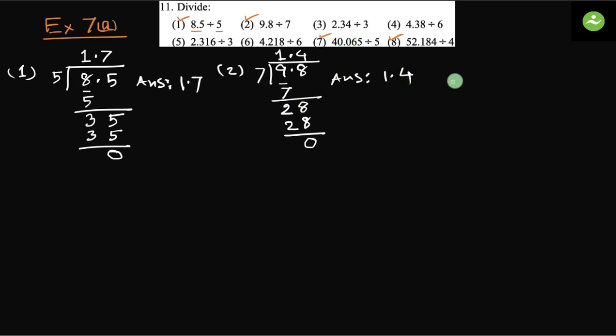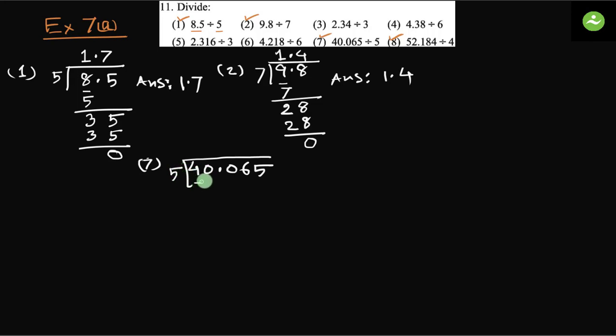Number 7. Let us do number 7 here. 40.065. Divide this number by 5.